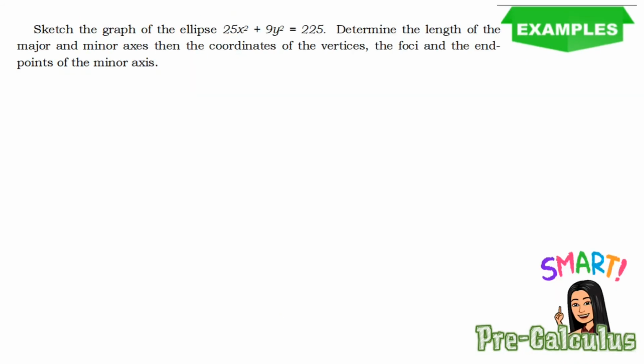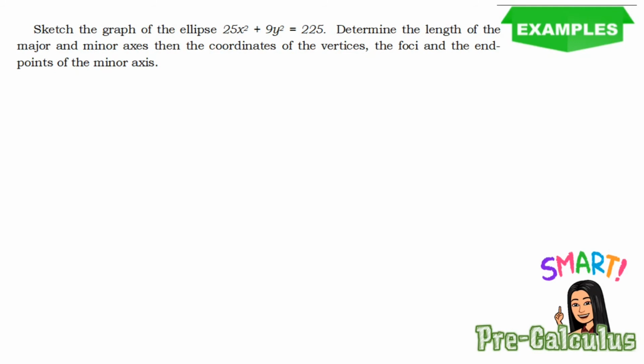Let us have example number 2. Sketch the graph of the ellipse that has a general form of equation of 25x squared plus 9y squared is equal to 225. Determine the length of the major and the minor axis and the coordinates of the vertices, the foci, and the endpoints of the minor axis.